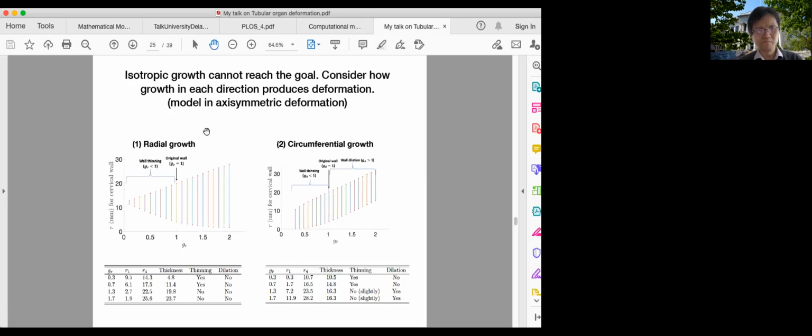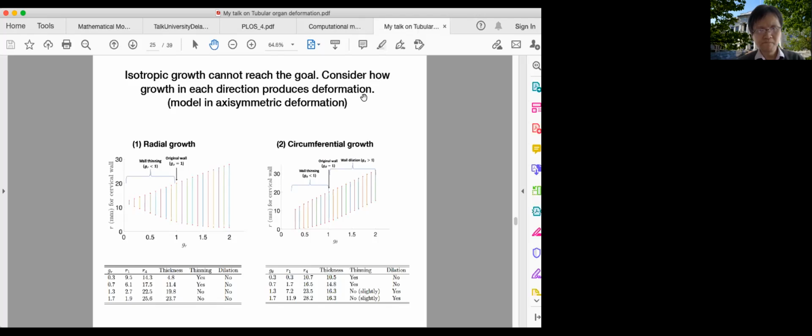So there is one result I tried in my simulation. Isotropic growth cannot reach the goal for both thinning and dilation. So now we consider how growth in each direction will produce deformation. Basically we have three directions: the radial direction, the circumferential direction, and also the axial direction.